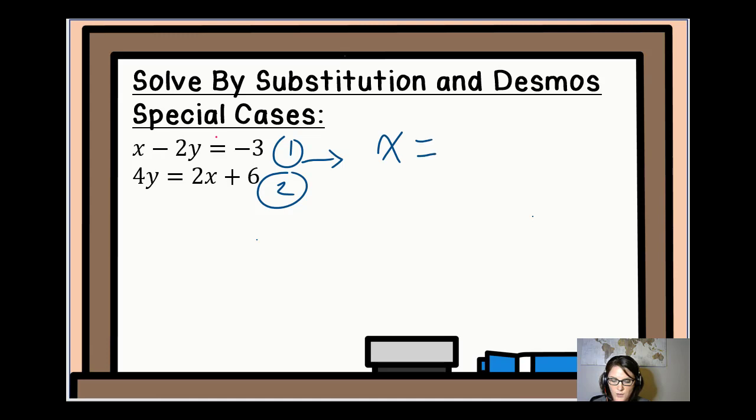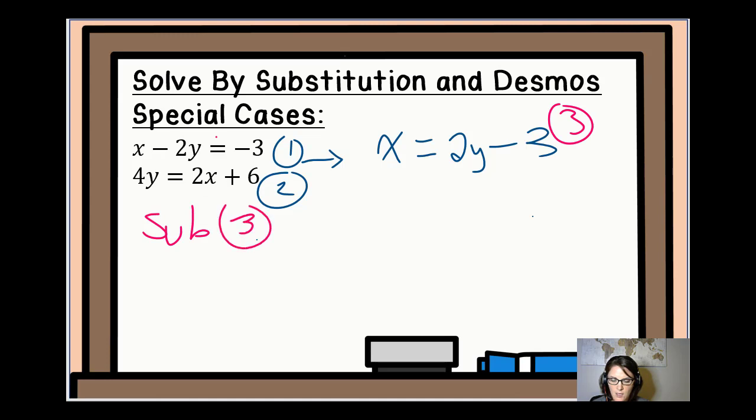So x equals 2y minus 3. And I'm going to sub in x equals 2y minus 3 into the x in the second equation. I'm going to call this new equation number 3, and I'm going to sub 3 into 2.